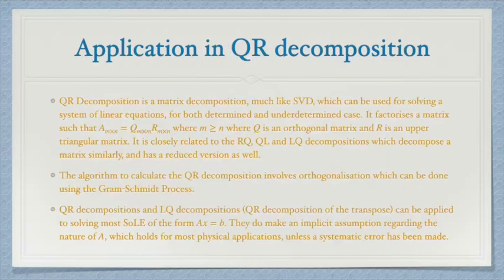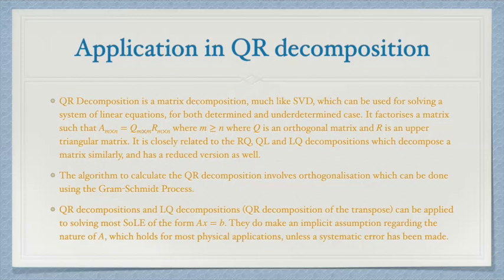Previously, I mentioned that Gram-Schmidt orthogonalization finds its application in a specific type of decomposition known as the QR decomposition. What exactly is the QR decomposition? Like any other matrix decomposition, QR decomposition represents the factorization of a matrix, say A, as the product of two matrices, Q and R, where Q is an orthogonal matrix and R is an upper triangular matrix.